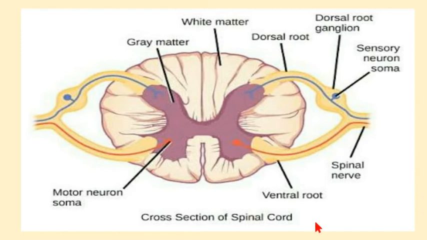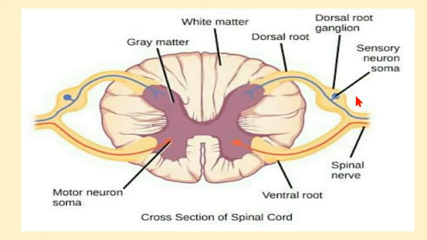Now see the cross section of the spinal cord. In the dorsal root, sensory neurons are present, and in the ventral root, motor neurons are found. So you see, the sensory neuron enters into the spinal cord through the dorsal root.